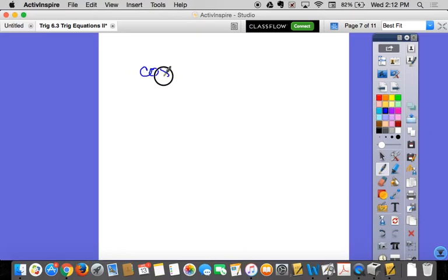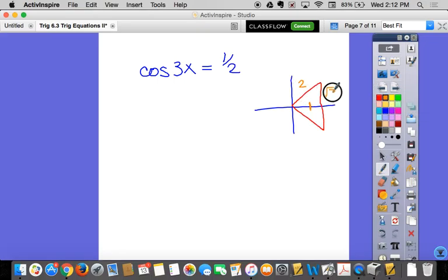So if it said something like cosine of 3x equals, I don't know, 1/2, you're going to need to tell me where cosine is 1/2. Well, cosine's positive here and here. That's going to be a 1 and a 2. This is square root of 3, right? So that would be 60 and 60.